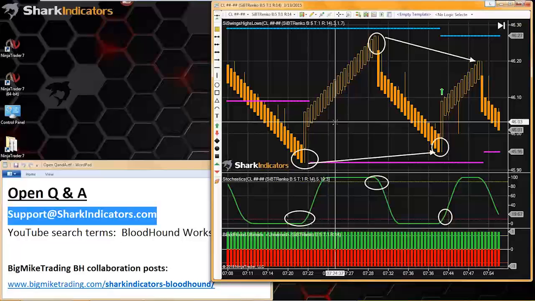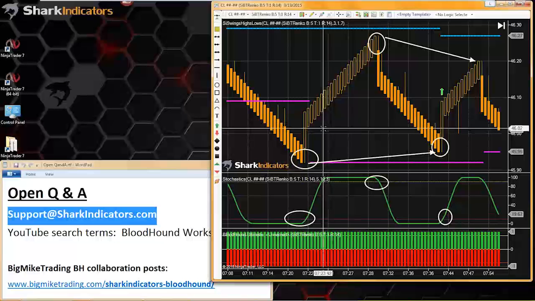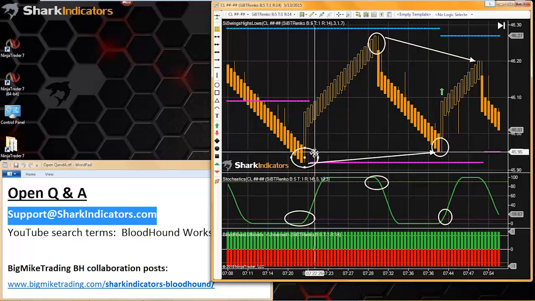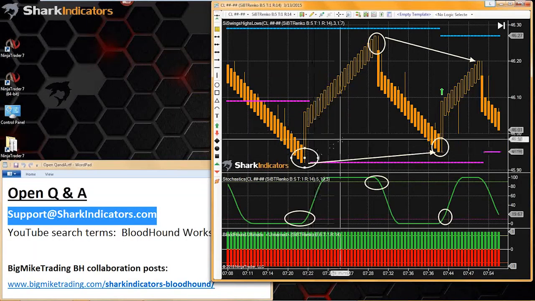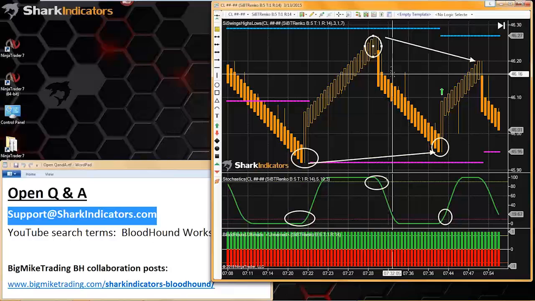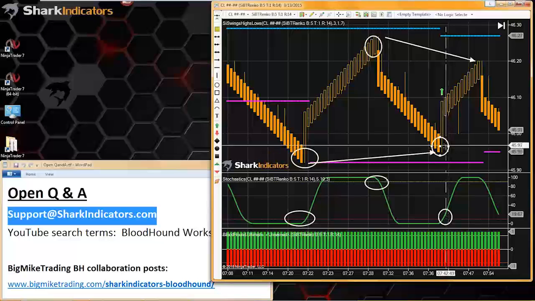So that's going to be the other learning component about building a system in BloodHound. Quite often you have condition 1 happening at some point, and then condition 2 is going to happen several bars later, and if you have a third condition, that's going to happen typically even more bars away.